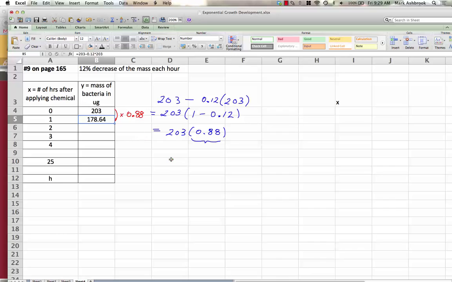Can I do that again to get the bacteria in the next hour? Does it work? I'm going to start with 178 now. I'm going to subtract 12% of 178. Is that the same thing as multiplying by 0.88? Yeah.